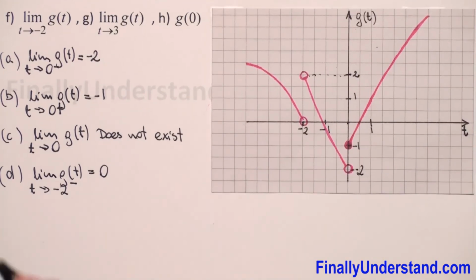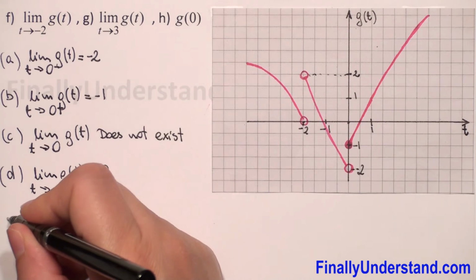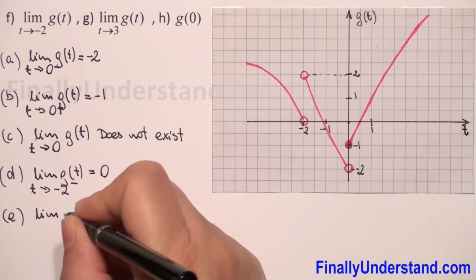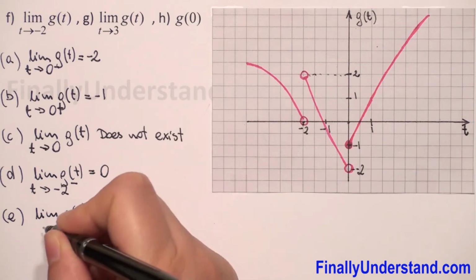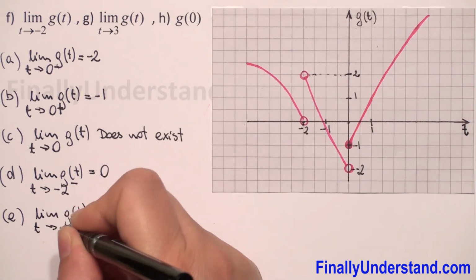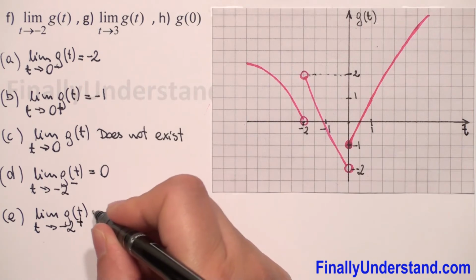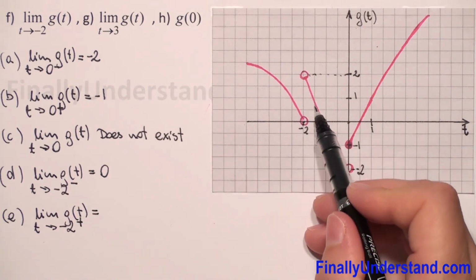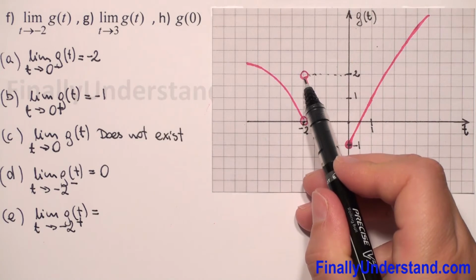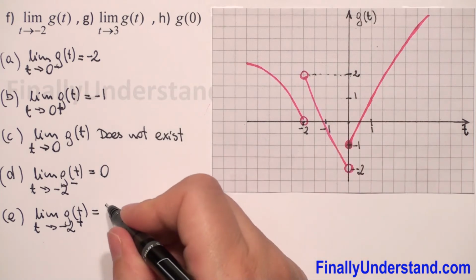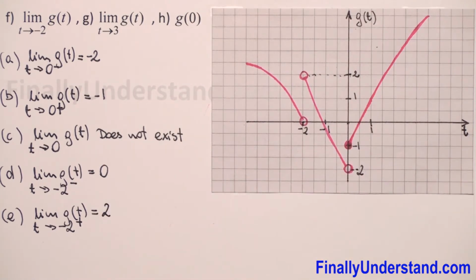So our limit, question E: g of t as t approaches -2 from the right is equal to 2, since we go from the right side to that point. So we have our limit.